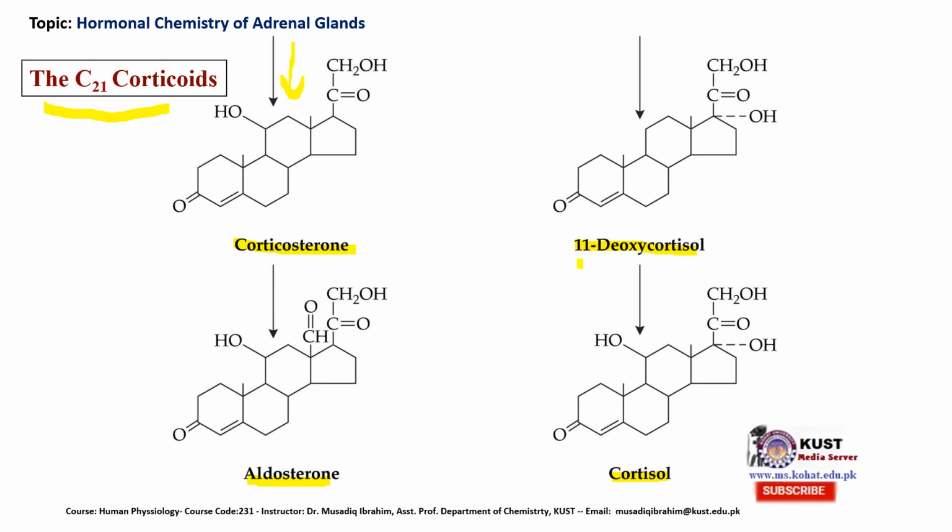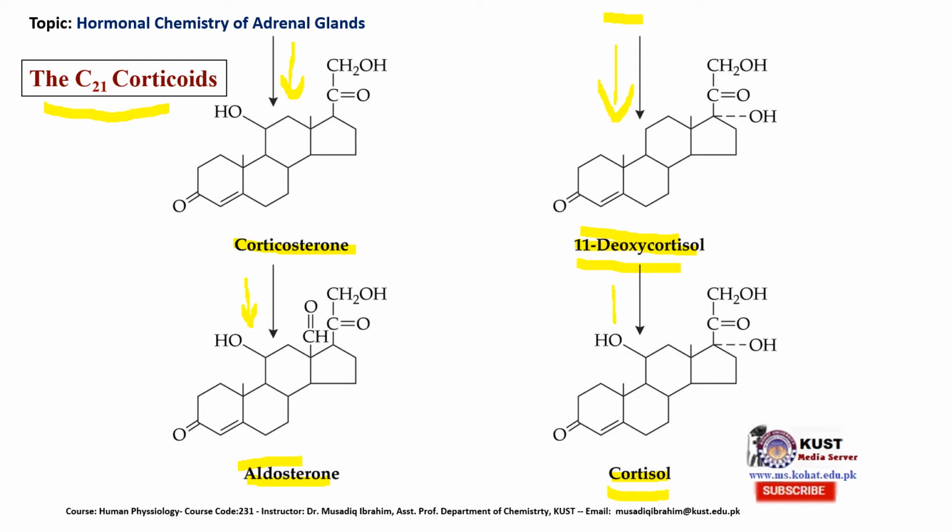Similarly, 11-deoxycortisol is also synthesized after a number of enzymatic reactions from the precursor molecule of cholesterol. Now here you can see that corticosterone can be converted into aldosterone, while 11-deoxycortisol is converted into cortisol.